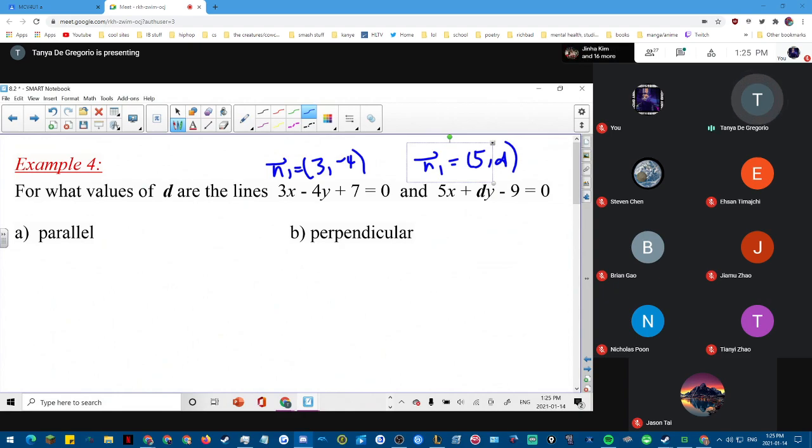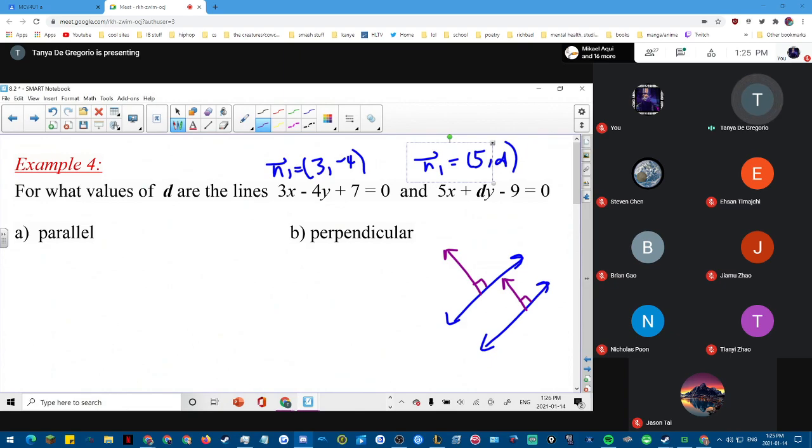Okay, so the idea here is, if my 2 lines are parallel, won't their normals be parallel as well? What do you guys think? If you have 2 lines that are parallel, and this one has a normal like this, and this one has a normal like this.